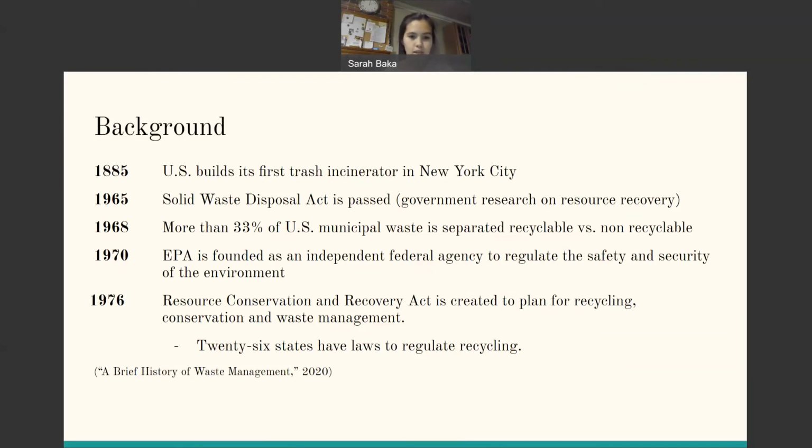In 1968, 33% of waste was then being separated into recyclable and non-recyclable categories. And then that leads to the 70s when the EPA was founded and resource conservation acts were passed to emphasize more focus on recycling and conservation.